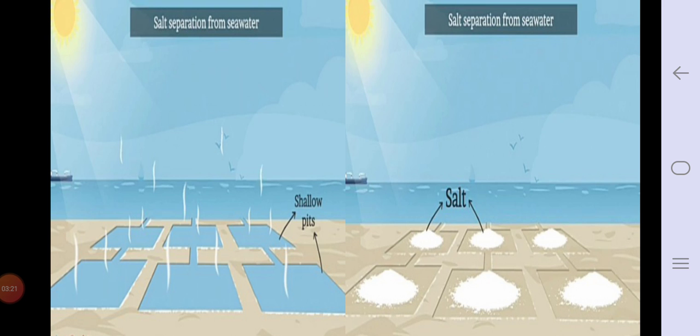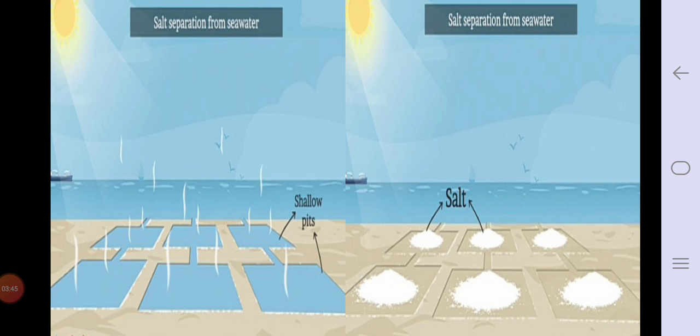Now see this picture, you will understand how salt is obtained from seawater. Salt separation from seawater: there are pits. Pits means small shallow hollows that are made. In the pits, water is poured and it is allowed to rest in the sunlight. Then salt is produced.